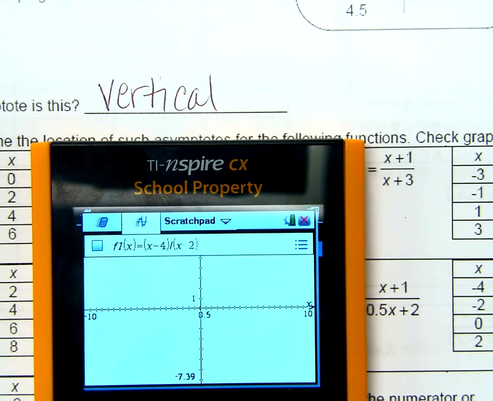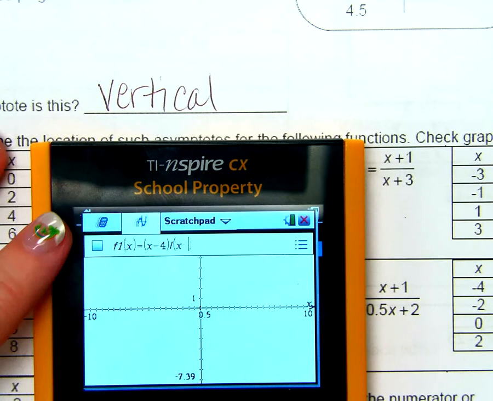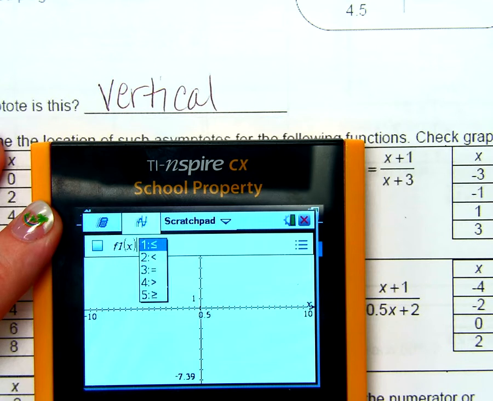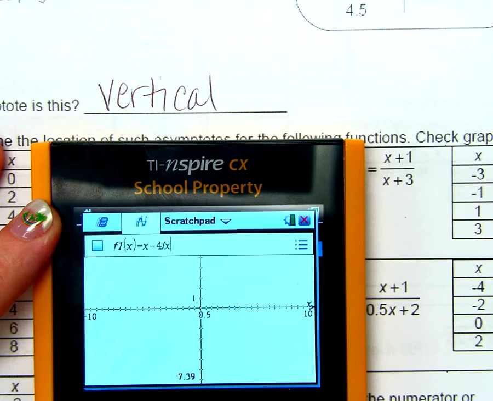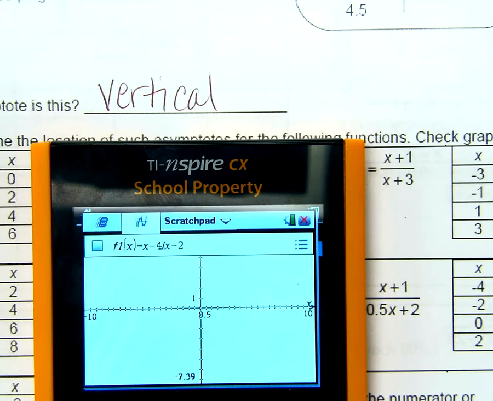Why does it make a difference? Why can I not just do this? X minus 4 divided by x minus 2. Well, it'll work, but the calculator does order of operations, right?